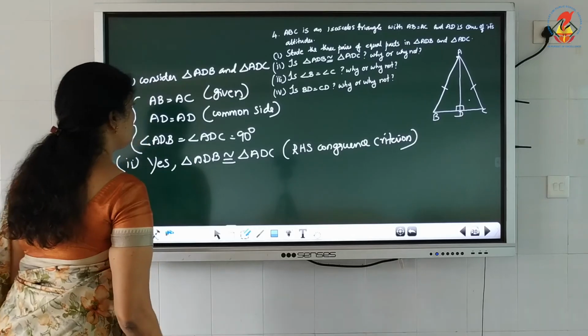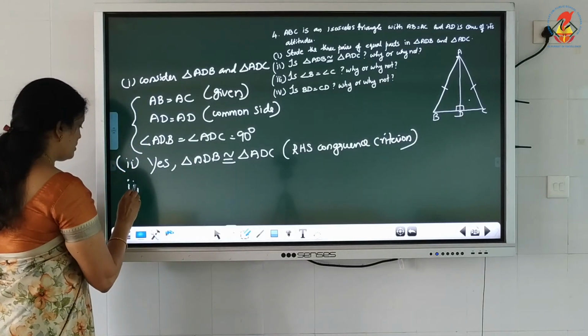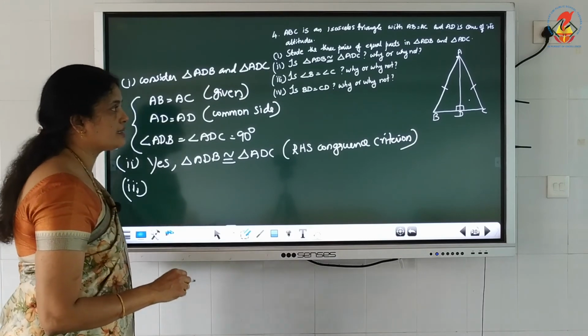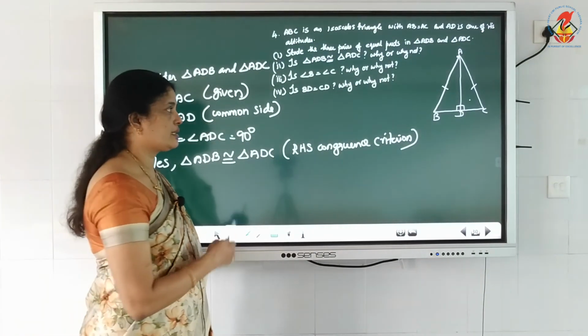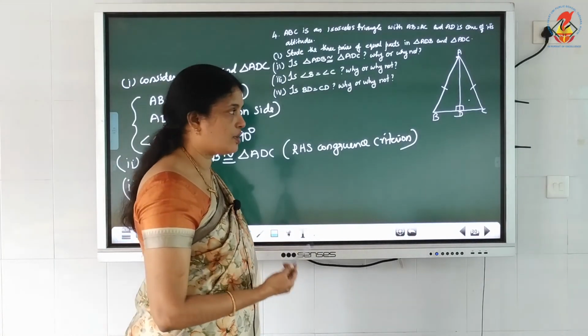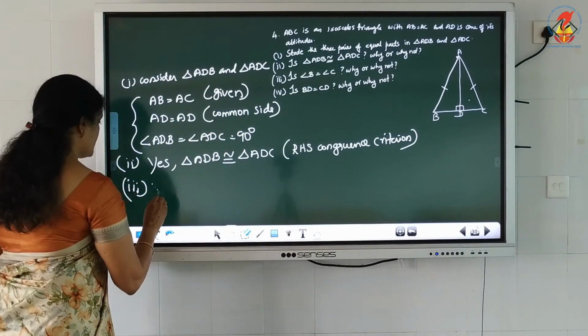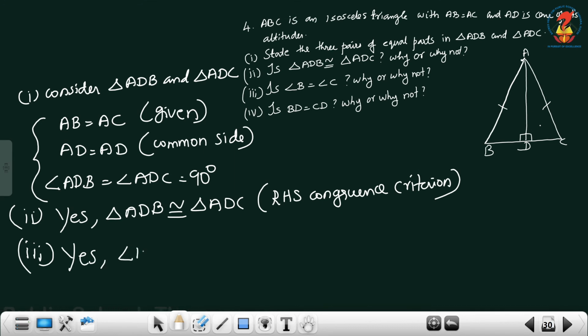Next, angle B equal to angle C. If two triangles are congruent, definitely corresponding sides or corresponding parts are also equal. So corresponding sides and corresponding angles are also equal. That means yes, angle B equal to angle C. Reason: corresponding parts of congruent triangles.